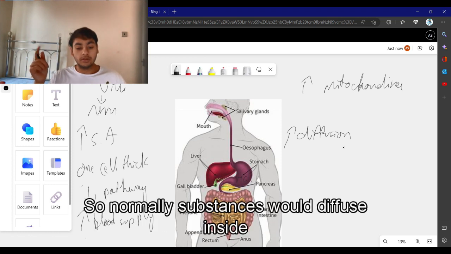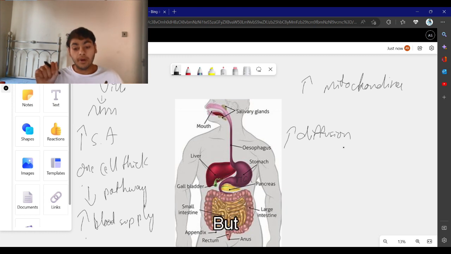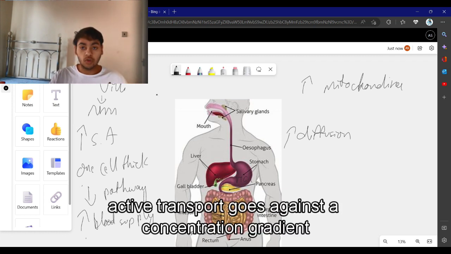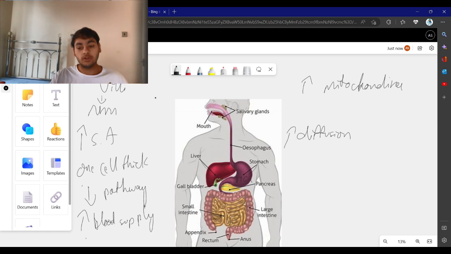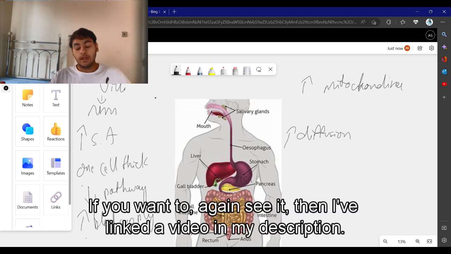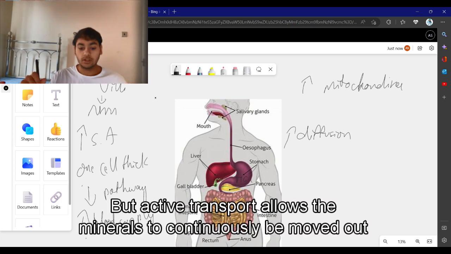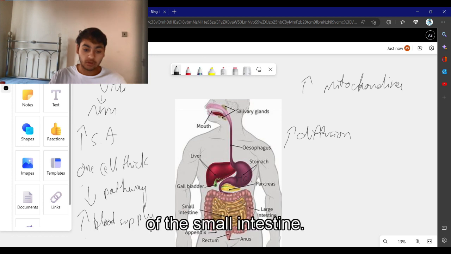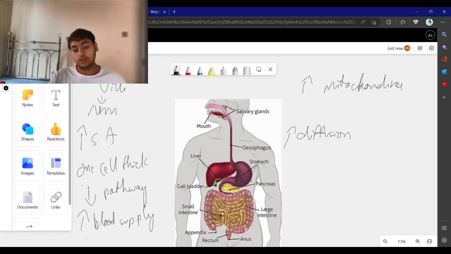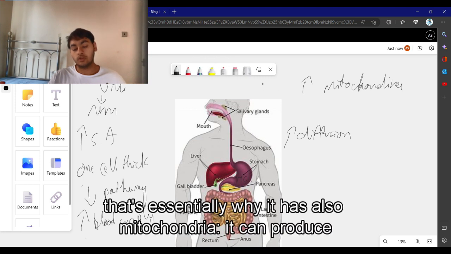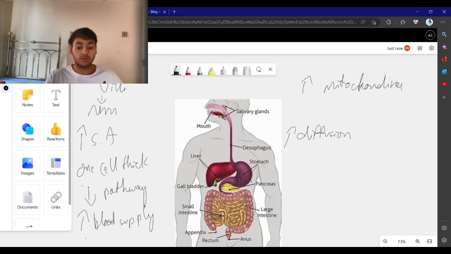So normally substances would start diffusing back into the small intestine. But active transport goes against a concentration gradient. If you want to see it again, I've linked a video in my description. Active transport allows the minerals to continuously be moved out of the small intestine, and that's essentially why it has lots of mitochondria, so it can produce energy for active transport.